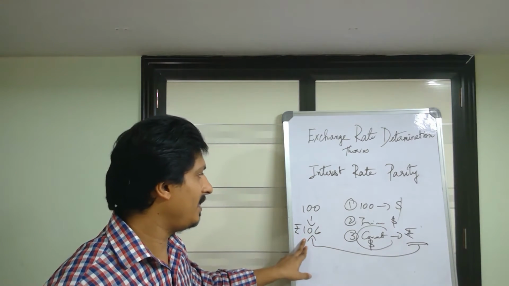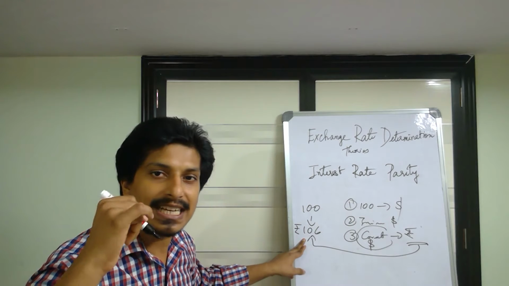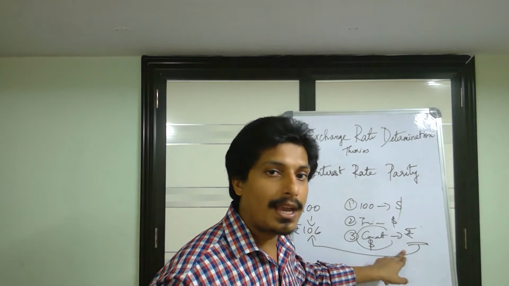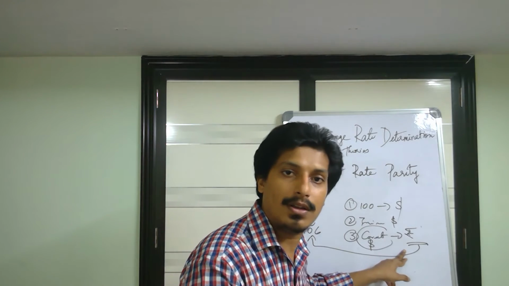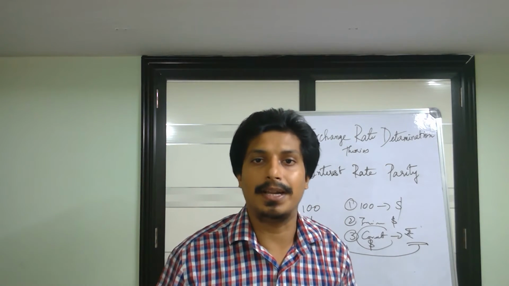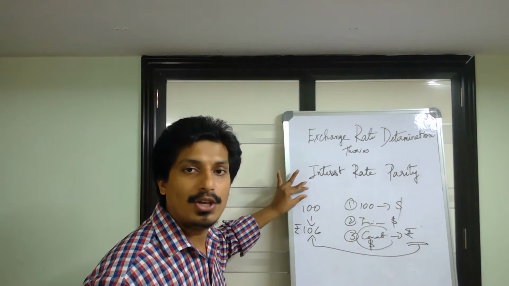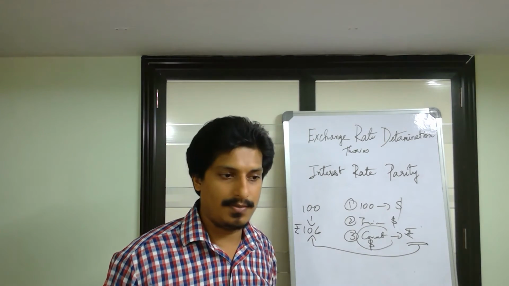If the rupee gained from investing in India is the same as the rupee gained from investing abroad, then there is interest rate parity between the two countries, India and US.